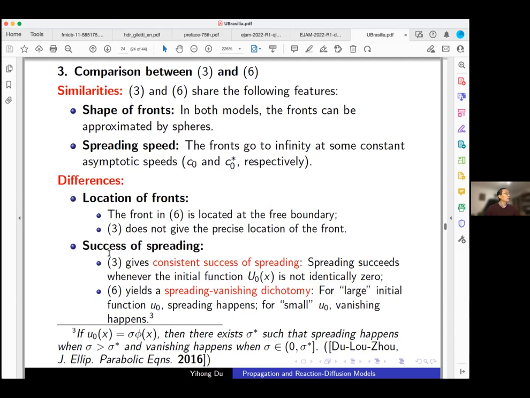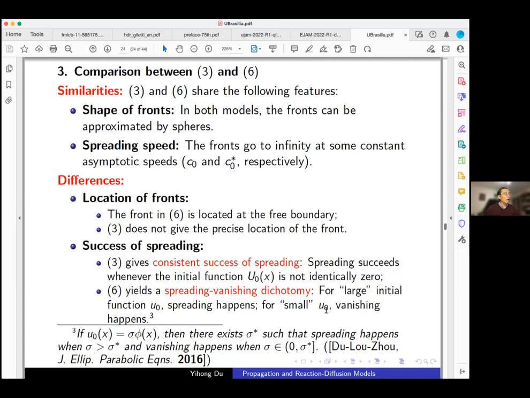And also, if you look at whether the spreading will be successful, the classical model says it's always successful as long as the initial population is not identically 0. But 6 tells a dichotomy. The spreading may or may not be successful. There are 2 possibilities. If the initial population is small, then the population will vanish.